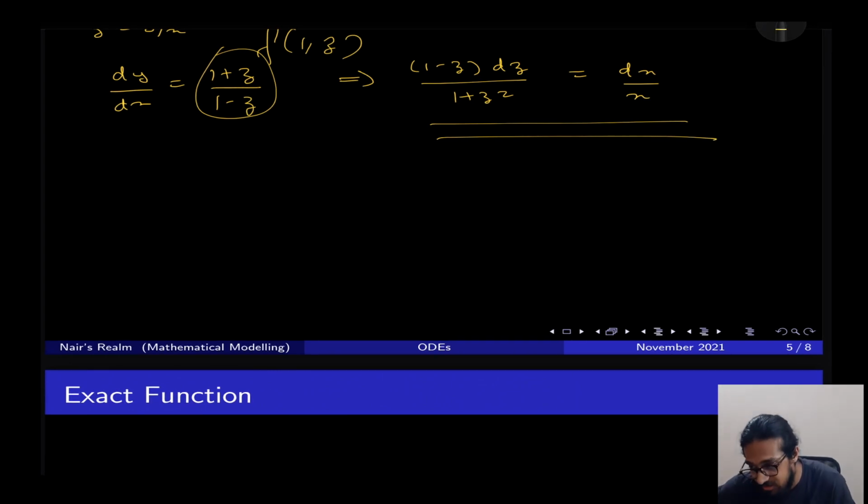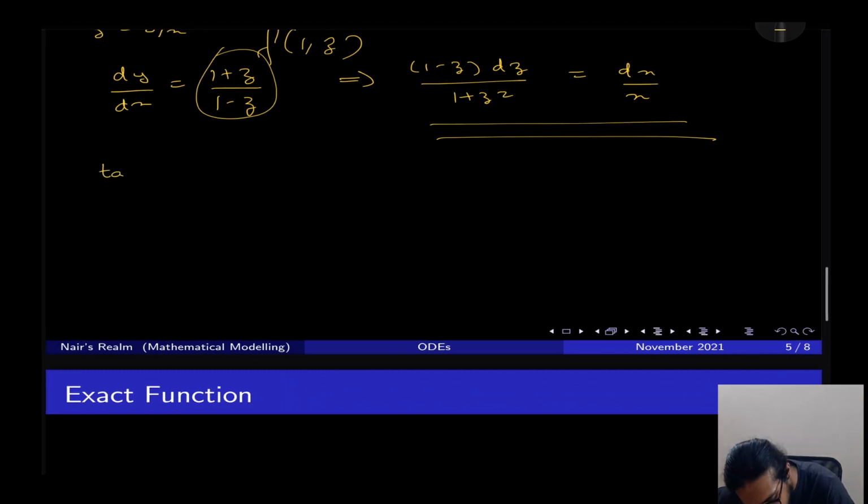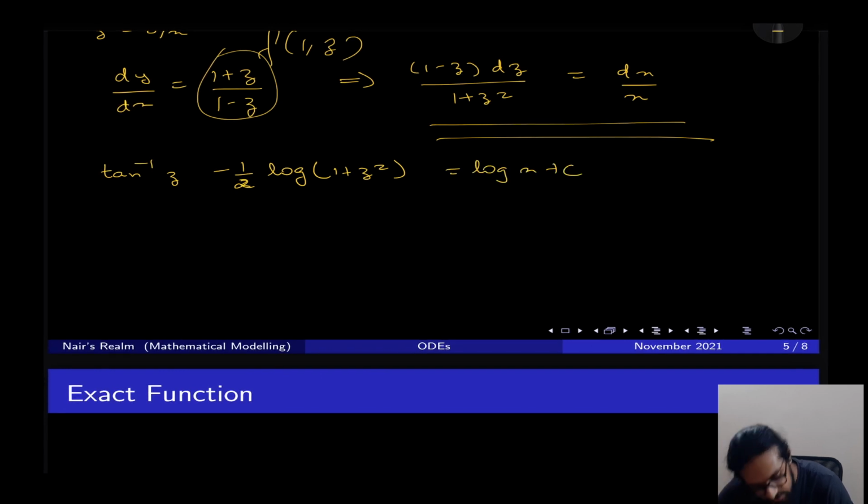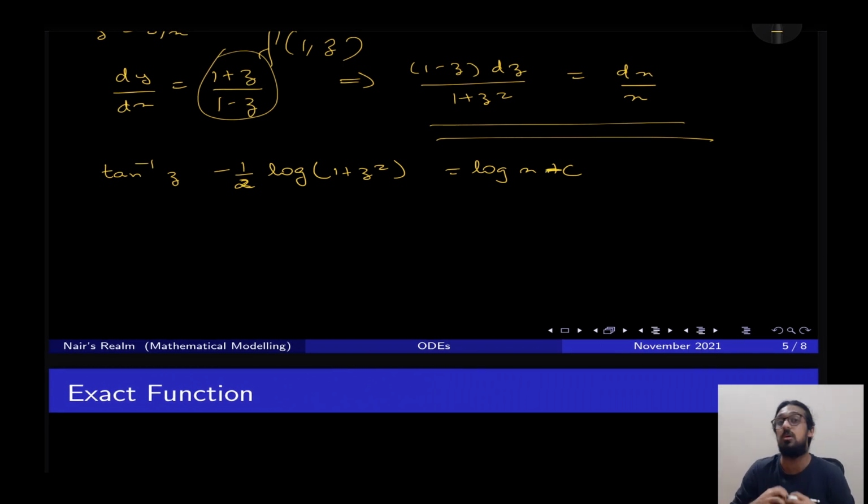So now if I actually solve this on integration, I'm just going to give you the direct answer. You guys can actually integrate and solve it. What I'll actually get is tan inverse of z minus 1 by 2 log of 1 plus z square is equal to log x plus c. So that is by integrating on both sides. Now, our differential equation was in terms of x and y.